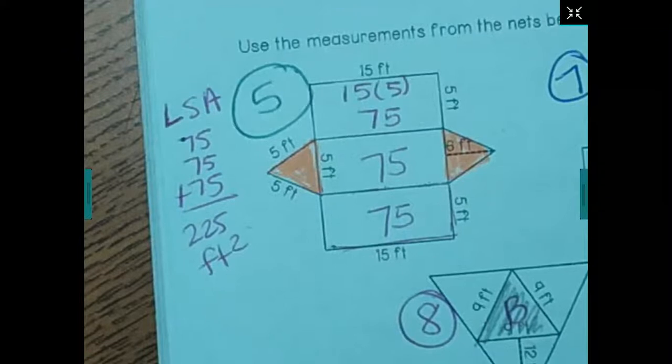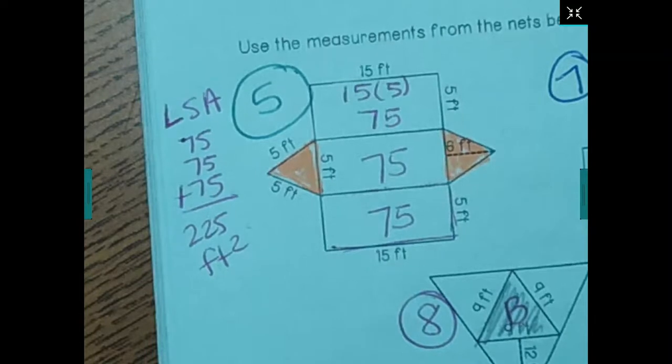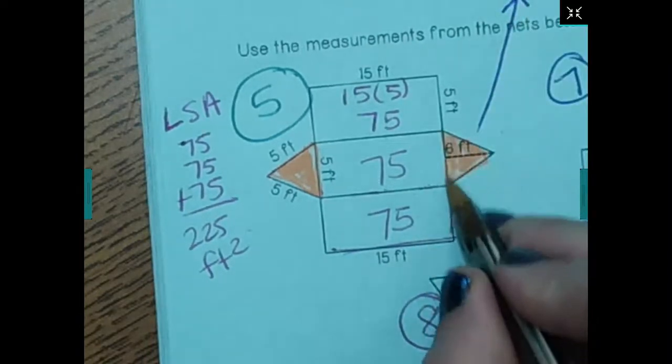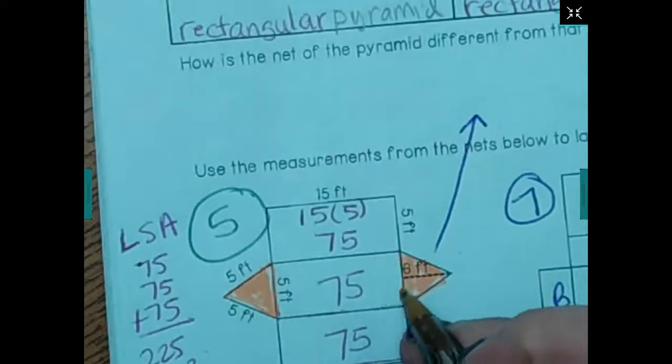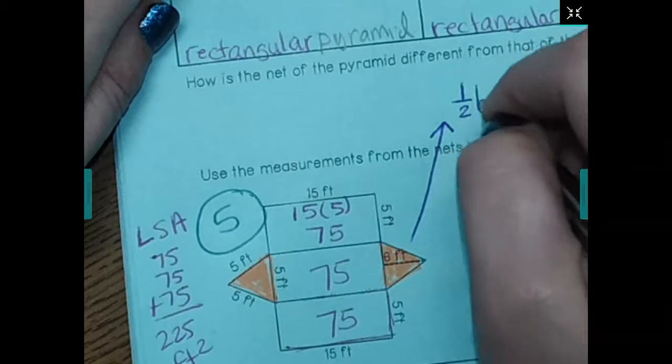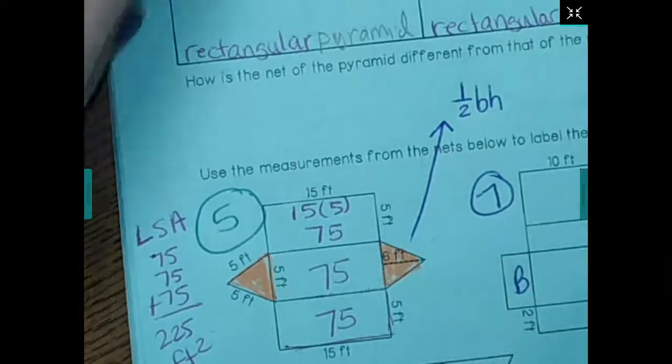Okay? Instead of doing a whole nother one to do total, let's just finish this one and let's figure out the total. Okay? So now I need to add in those bases. What shape are those bases? What are they? Triangles. What's the triangle formula? A equals 1/2 of BH. Okay?